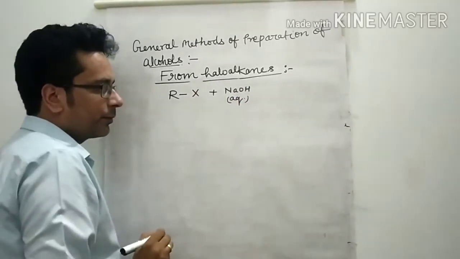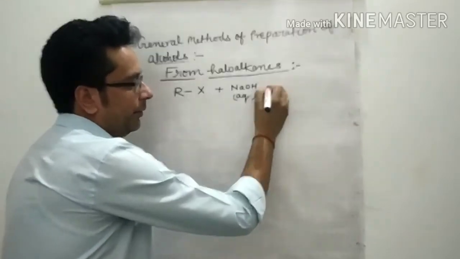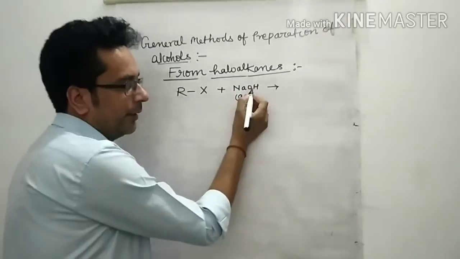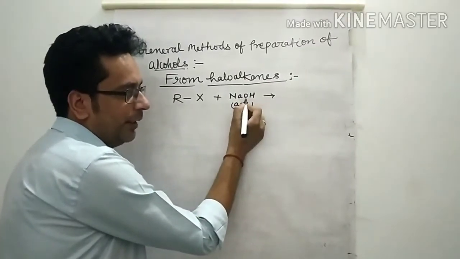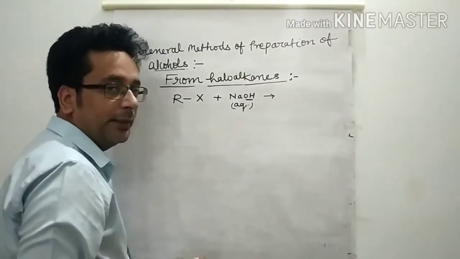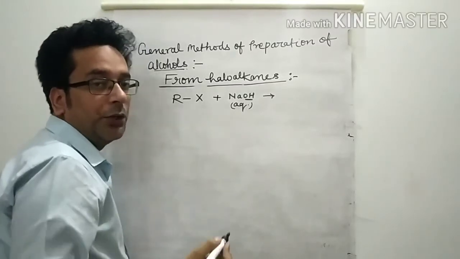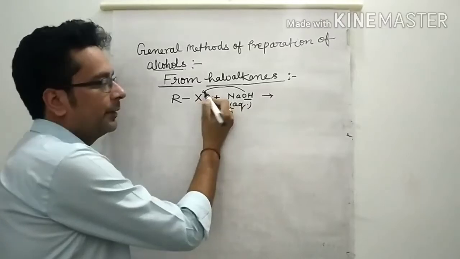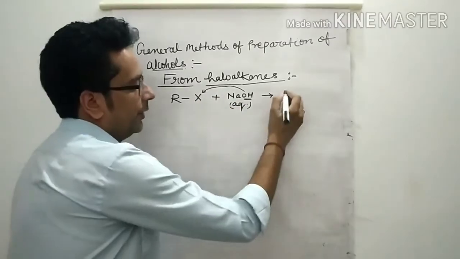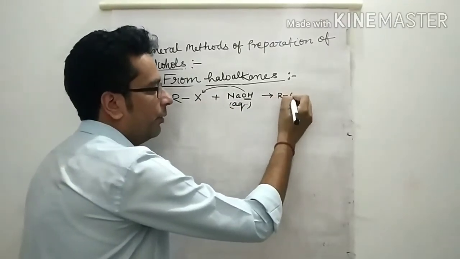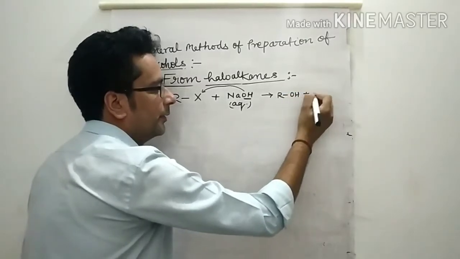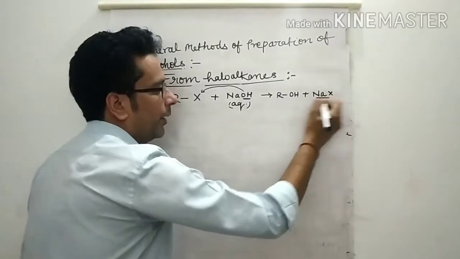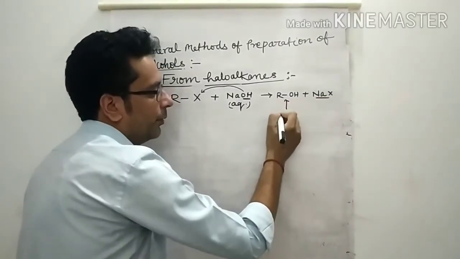In the aqueous solution, sodium hydroxide dissociates into sodium and hydroxide ion, which behaves as a nucleophile and replaces this X. So there is formation of ROH plus NaX, and this is alcohol.